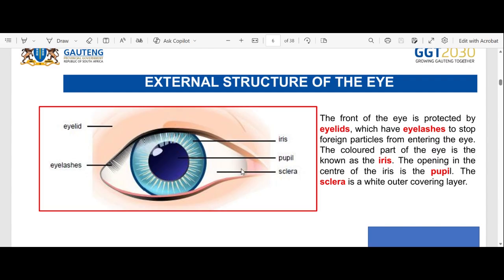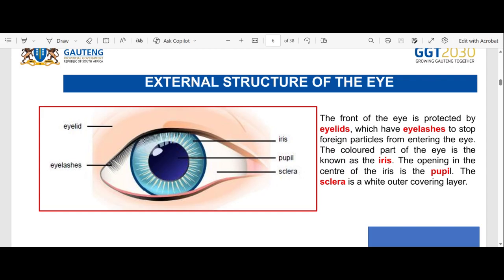Then within the eye, right, the corner of your eye, we have, obviously you can't see them, we have like lacrimal glands, right? The glands that produce tears. The tears they do the same job, right? So they moisturize the eye, they prevent the eye from being dehydrated.